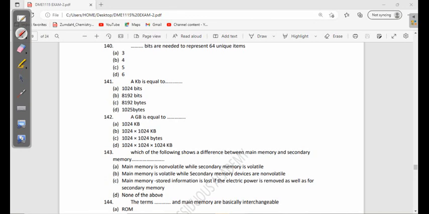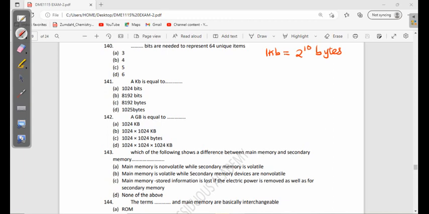So 1 megabyte is equal to 2 to the power 20. They move with a difference of 10 each time. And then from there we have a gigabyte, which is equal to 2 to the power 30 bytes. And then we have a terabyte, which is 2 to the power 40 bytes.